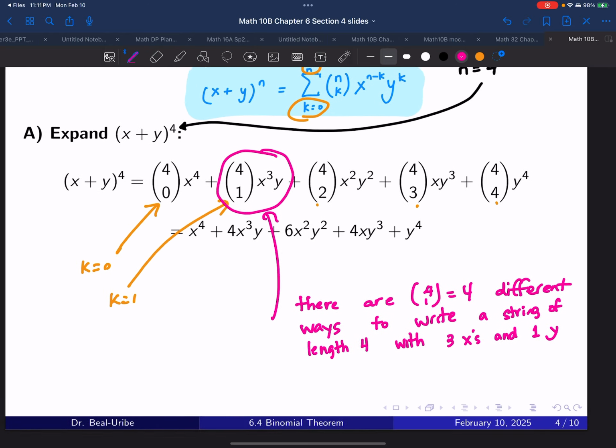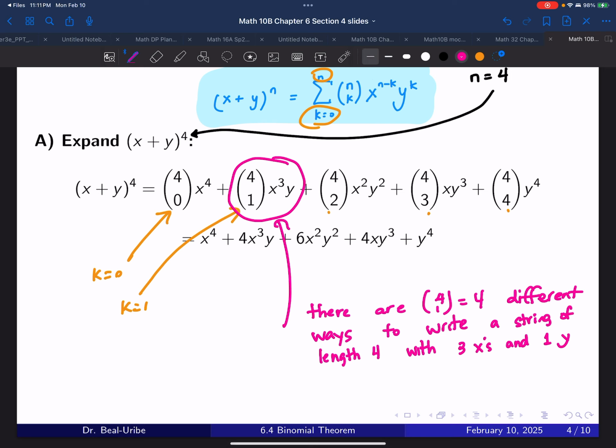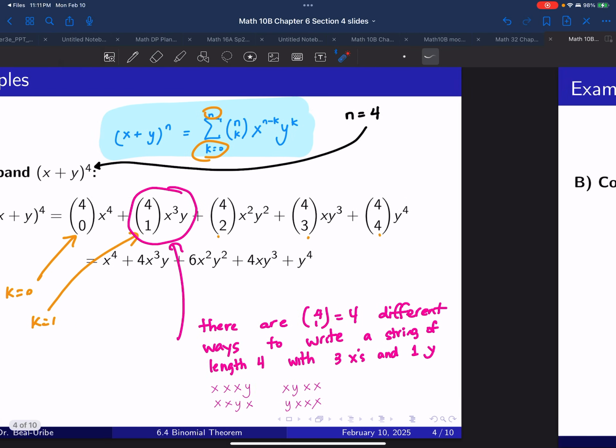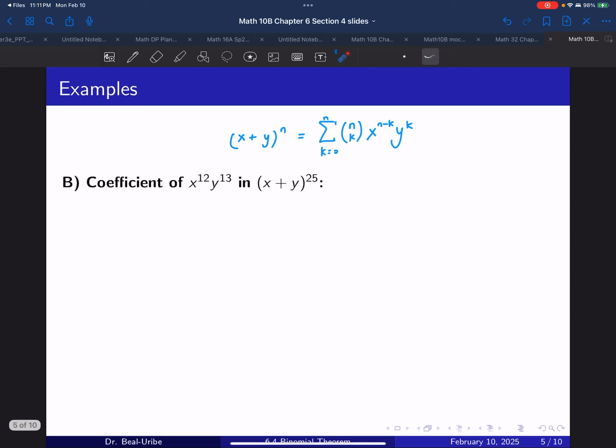And let's just double check if we can actually come up with 4. So I could have x, x, x, y; x, x, y, x; x, y, x, x; y, x, x, x. Right, and these will all show up when I'm expanding that term, okay?